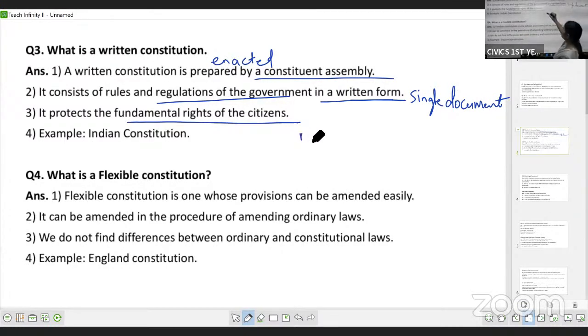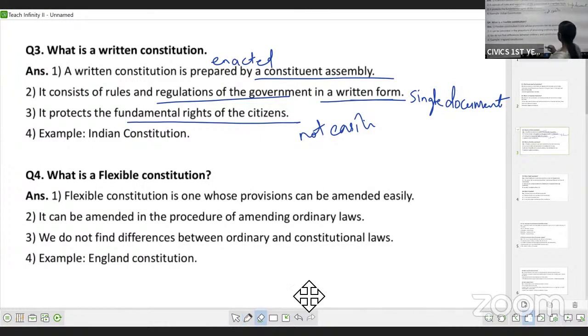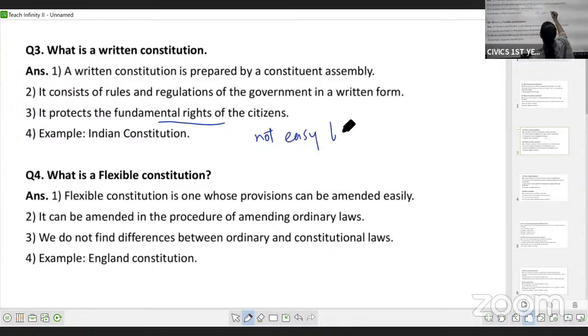It cannot be amended easily. It is not easy to amend the written constitution. It protects the fundamental rights. So when it is not easy to amend, it is rigid in nature.